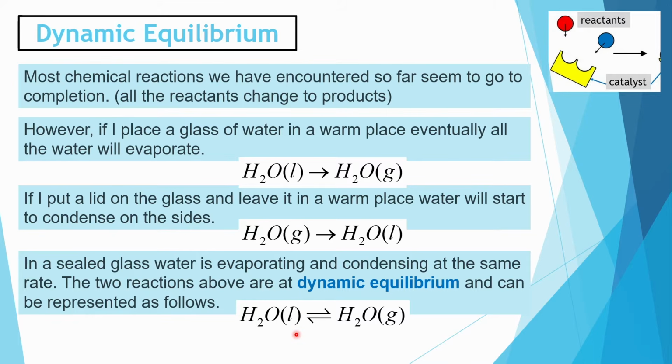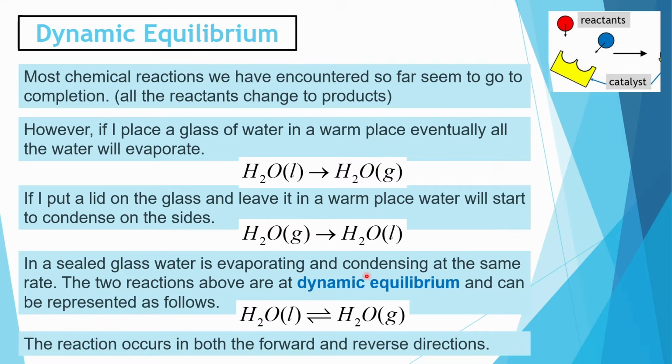We represent this by drawing an arrow that goes forwards with an arrow that goes backwards underneath it. The arrows are of similar size because it's at dynamic equilibrium. Both reactions are happening at the same rate, the forwards one and the reverse one.